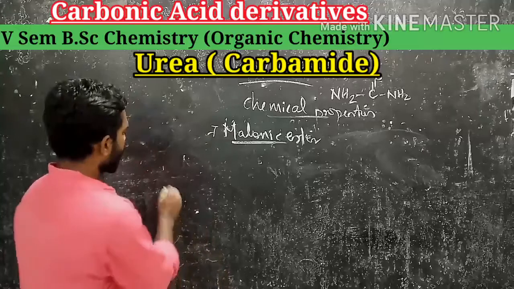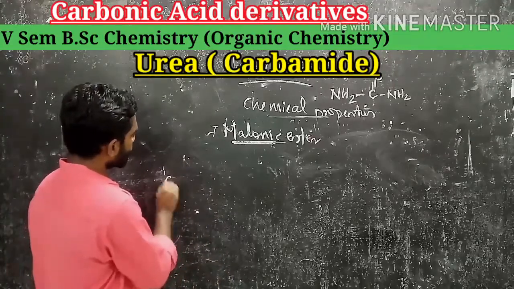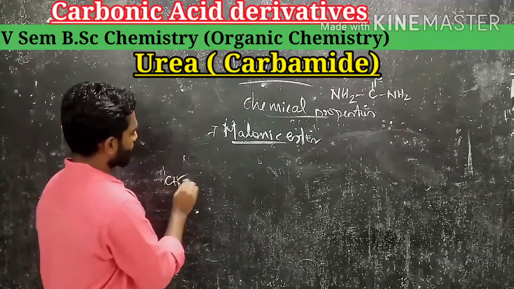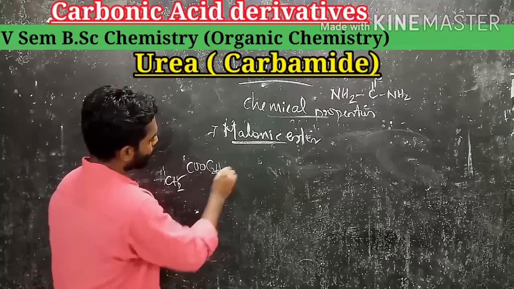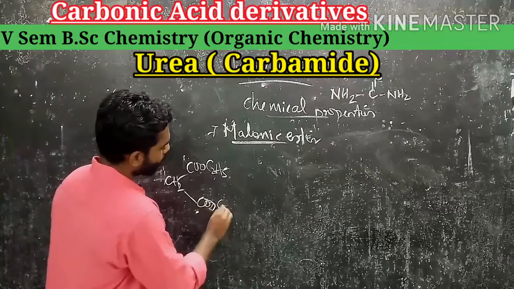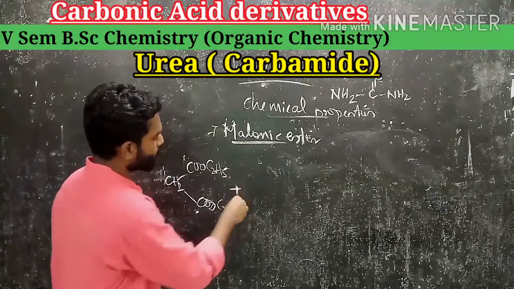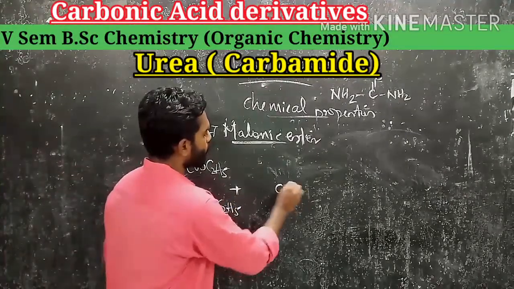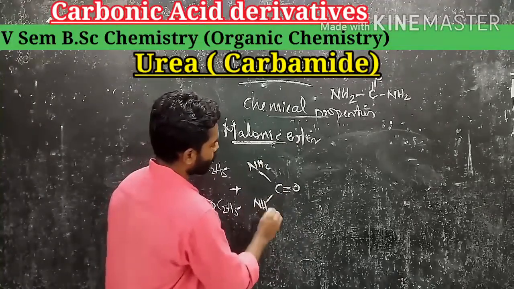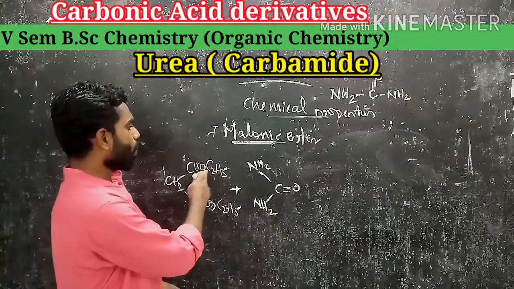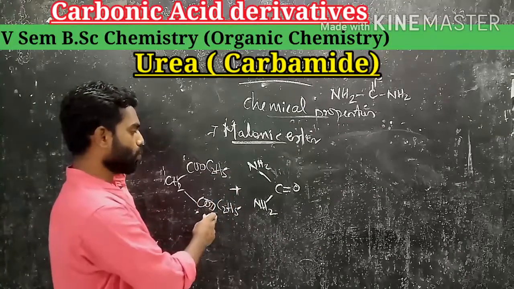CH2 COOC2H5, COOC2H5. Malonyl ester treated with urea, NH2. In the condensation, C2H5O and H combine to form an alcohol.